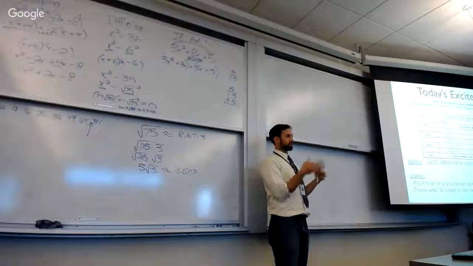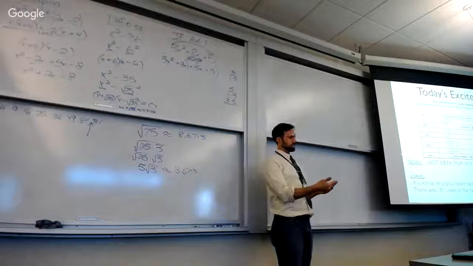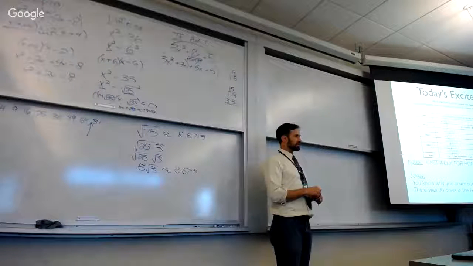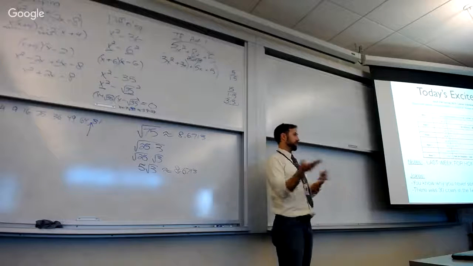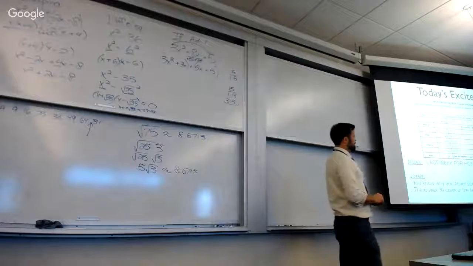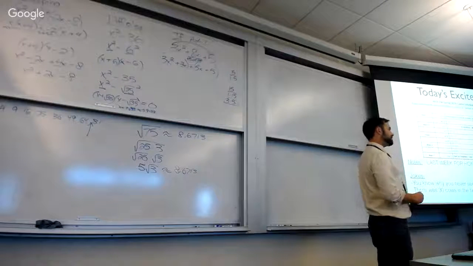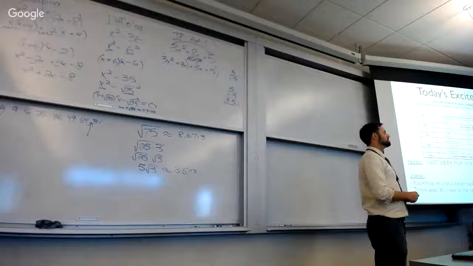Now, one thing I will say, for all tests, I will help you with your graphing calculator. So if you're in the middle of the test and you're like, oh man, my calculator has an error, I can't get this to graph, just come up to me and I will help you work your graphing calculator. I will not show you how to solve a problem, but I'll show you how to graph something on your calculator. When I did the homework, there's one problem that I typed in my calculator and the numbers were way too big. I couldn't see it on my calculator. Right.